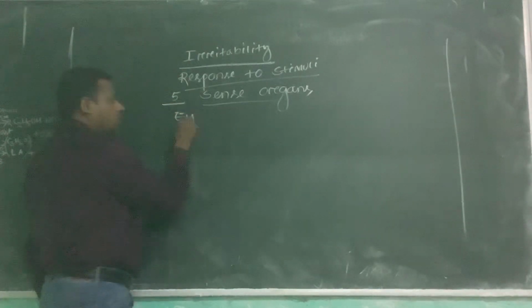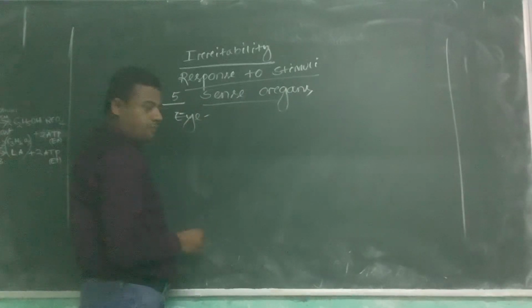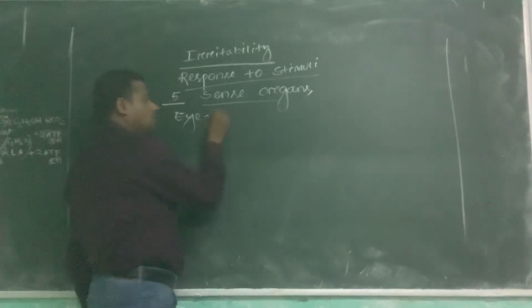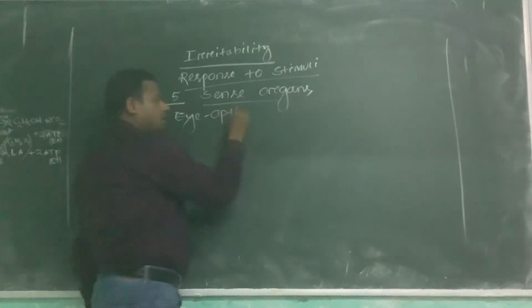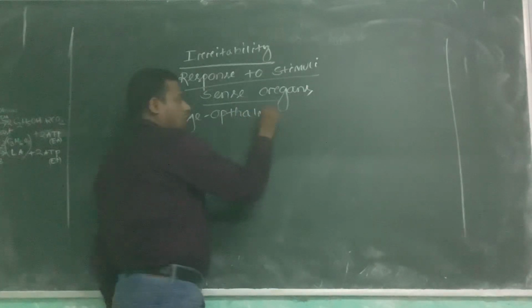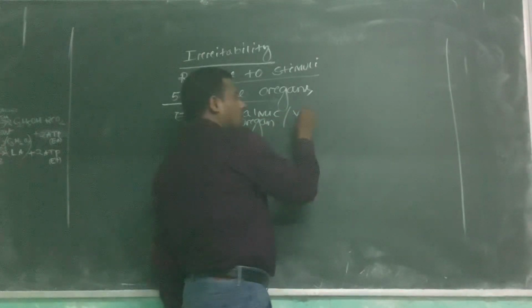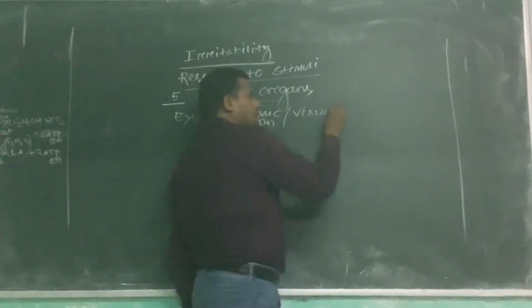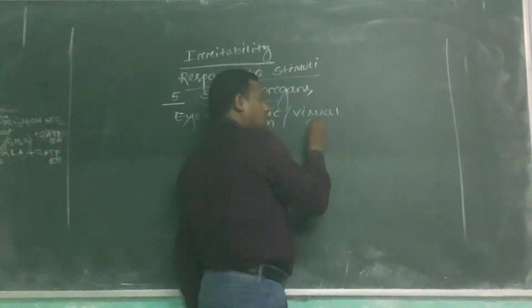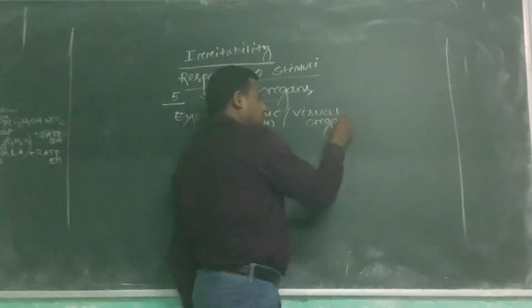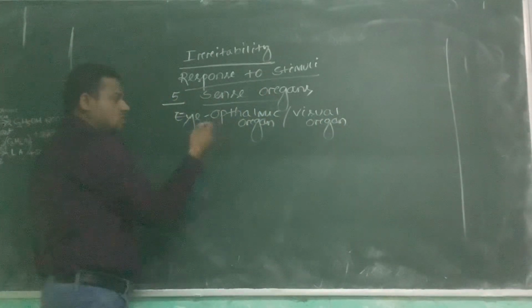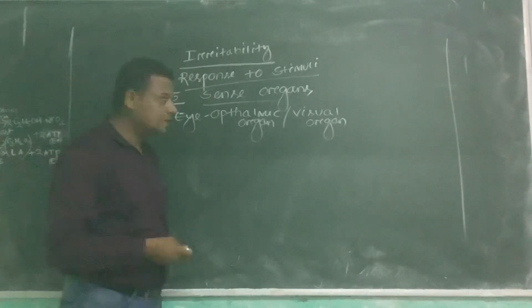First, the eye, which is called the ophthalmic organ, and also called the visual organ.